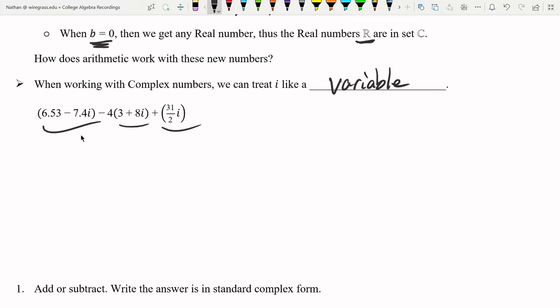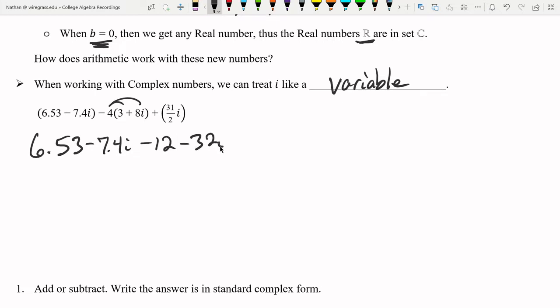All we need to do is drop these parentheses and then treat the i terms like a variable. So in this case, we're going to have 6.53 minus 7.4i. I'm going to distribute the -4. It's going to give me -12 minus 32i, then plus 31 over 2i.